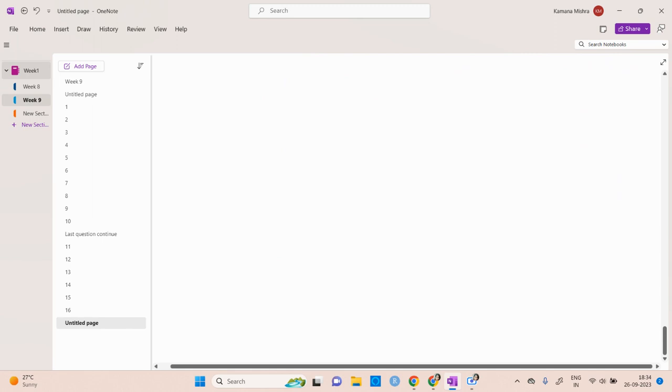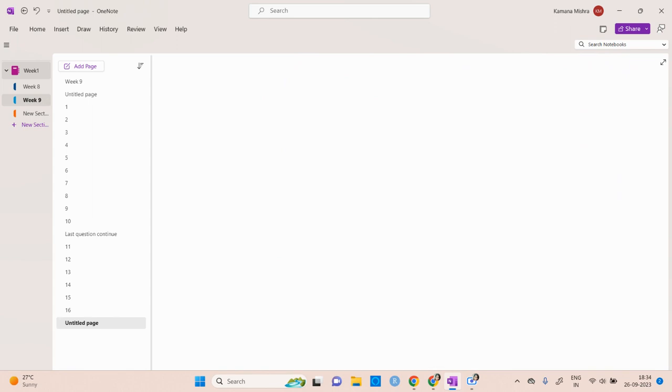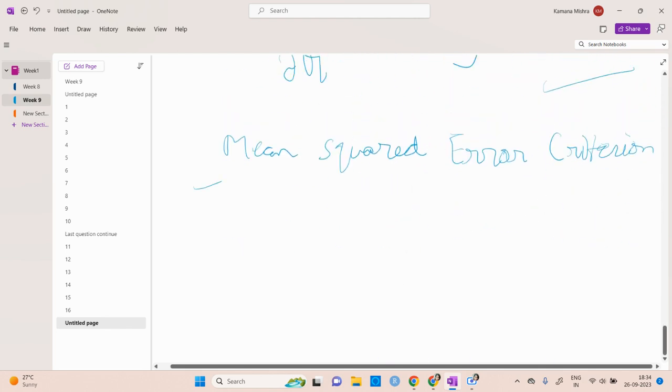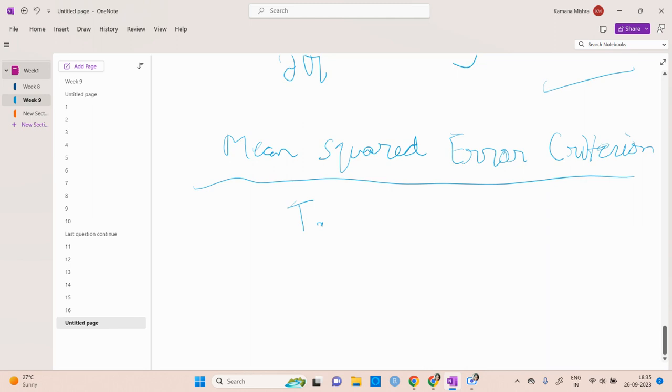Now, the last one is the mean squared error criterion. What does mean squared error mean? Let's say you have T1.